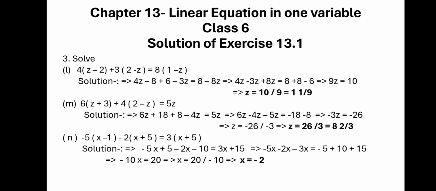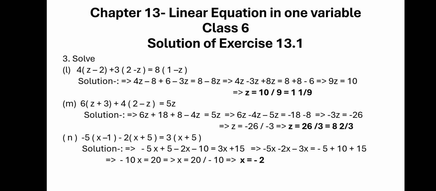So when you bring all the variables on one side, we have 6z minus 4z minus 5z is equal to 18. We will bring it on the other side, that is negative 18 and negative 8 also, because 8 positive will become negative. So it will be negative 18 minus 8 on the right hand side, and that will give you negative 3z. Why?